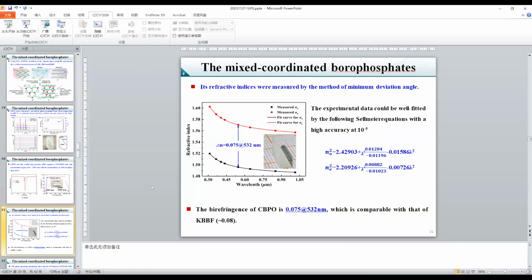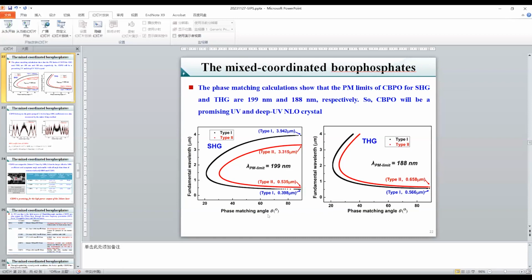And we also measured its refractive index by the minimum deviation angle method. We can see that the birefringence for CBPO is around 0.075 at 532 nanometers, which is comparable with that of KBBF at around 0.08. And with this refractive index, we can calculate its phase matching.